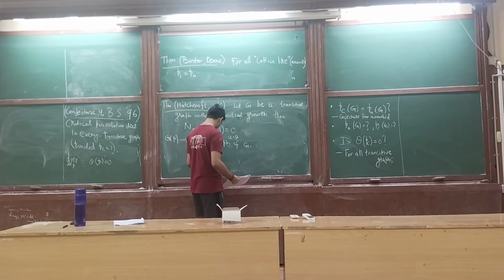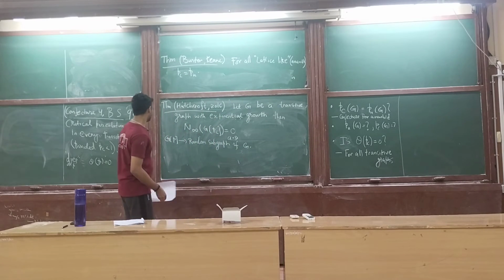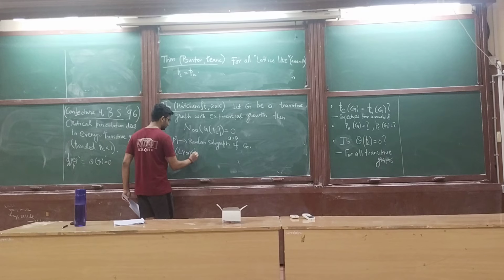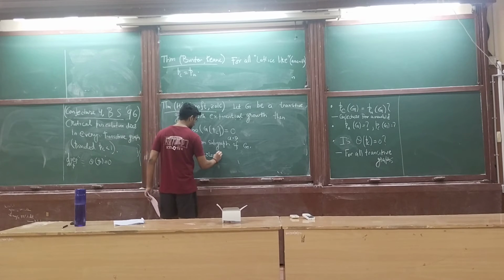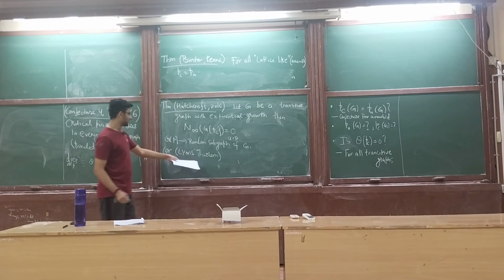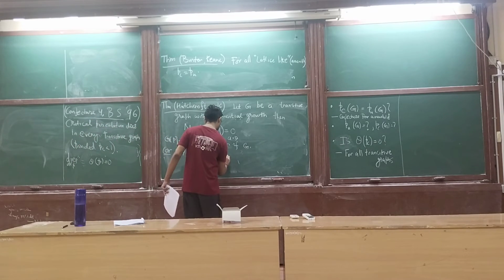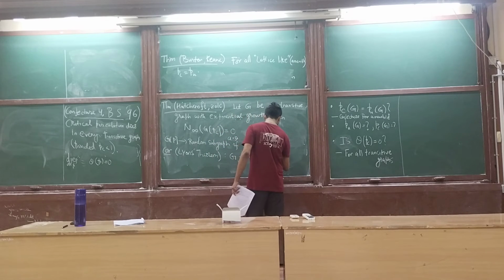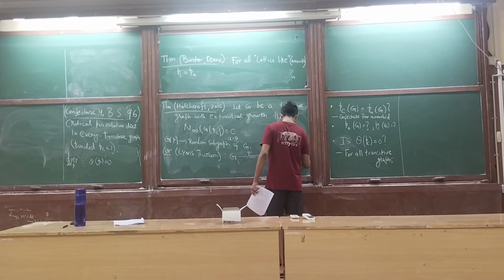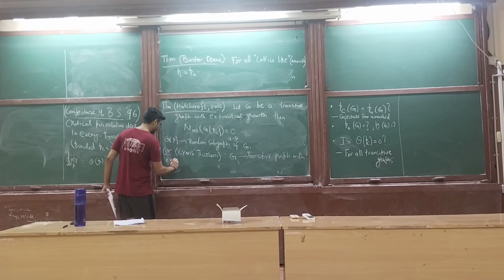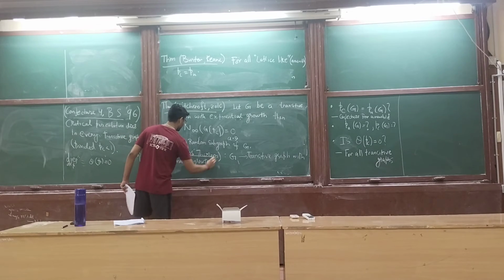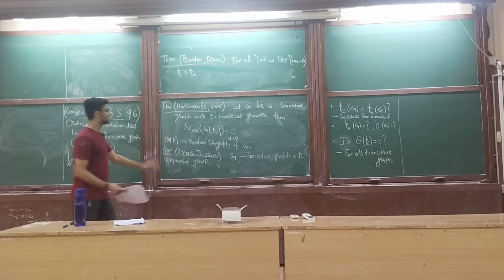By the way, before we go forward, there is this very important corollary. This is Russ Lyons's theorem, and the theorem is that if we have a transitive graph with exponential growth, then PC has to be less than 1.